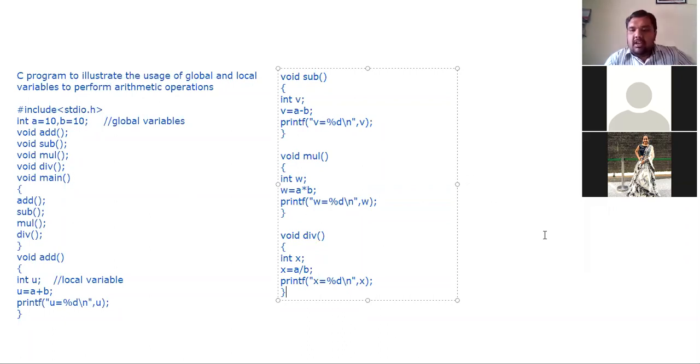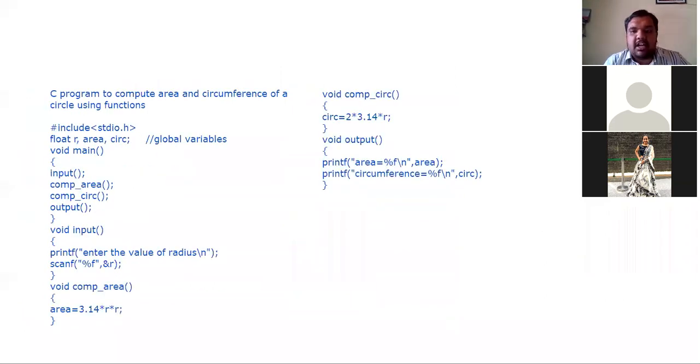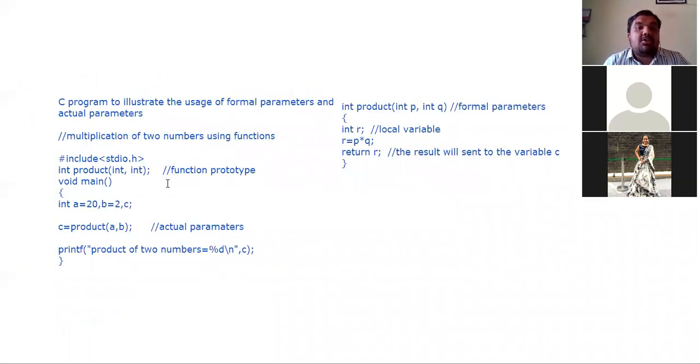Till now we are done with how to write some simple programs using functions, and thereby we got some idea regarding function prototype, function call, function declaration, and the concept of global variables and local variables, return values, and formal parameters and actual parameters.